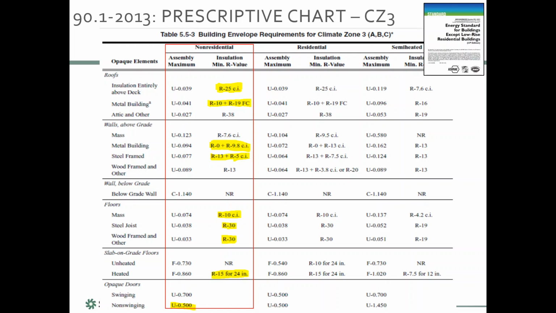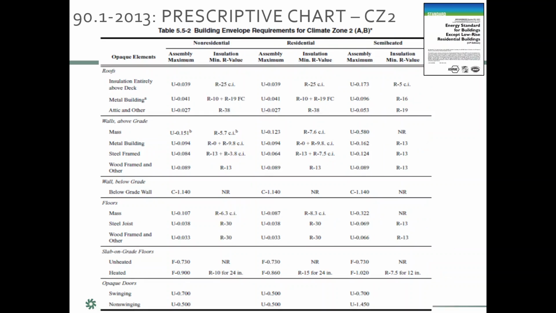Slabs don't need to be insulated unless there's radiant tubing in the slab, which makes it a heated slab. Very uncommon in the South. And then fenestration and doors. The other climate zones have a little less R-value typically over here, and a little more R-value in a colder climate zone.